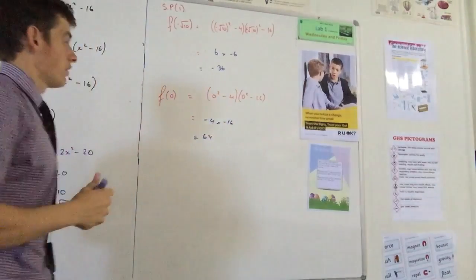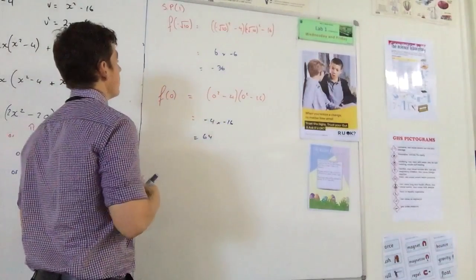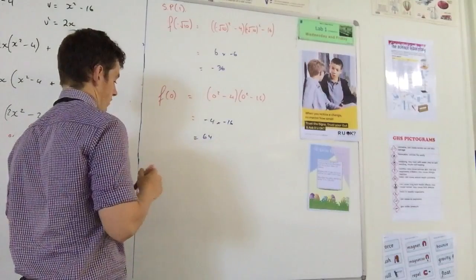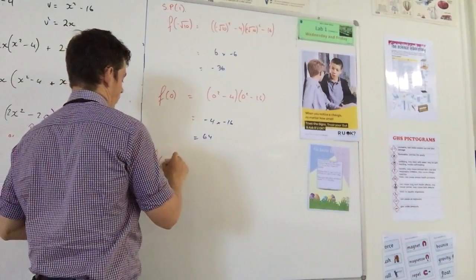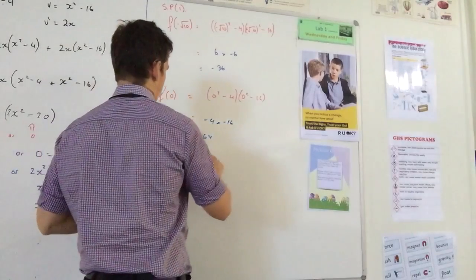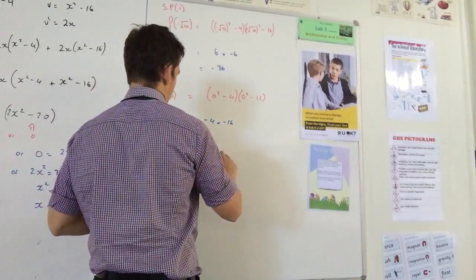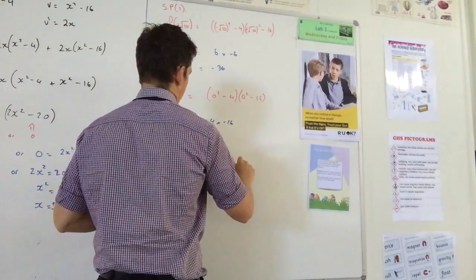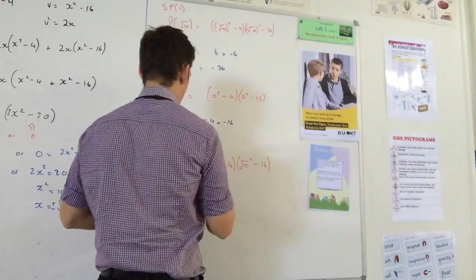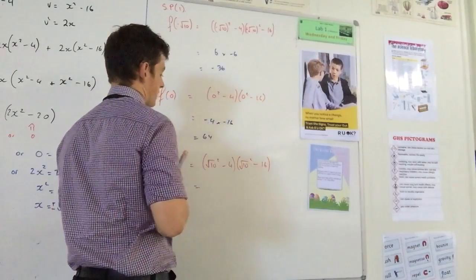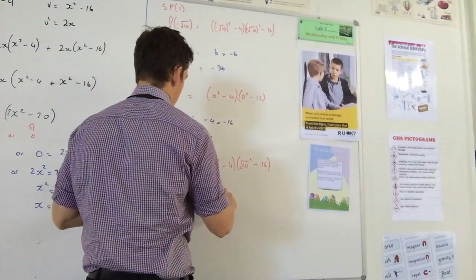I'll put these all at the end. And the third one, f of positive root 10 equals (root 10 squared minus 4)(root 10 squared minus 16), which will be exactly the same as what we had before, negative 36.